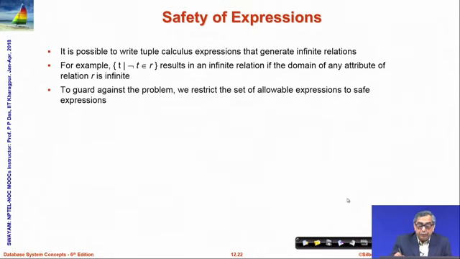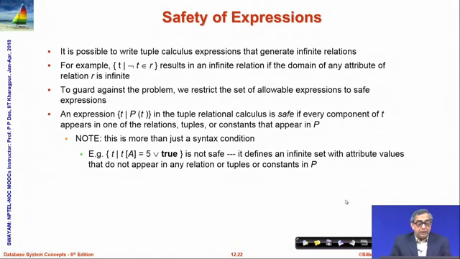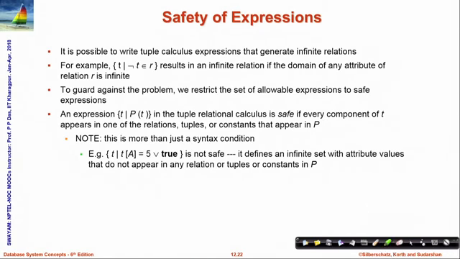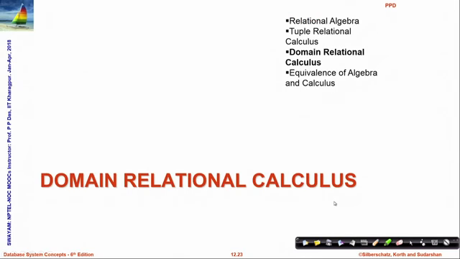Whenever we want to do this, we would like to guard it by putting some additional condition, and we have to make sure that any expression we have in tuple relational calculus is a safe expression, in the sense that it does give me a finite number of tuples in the relation.